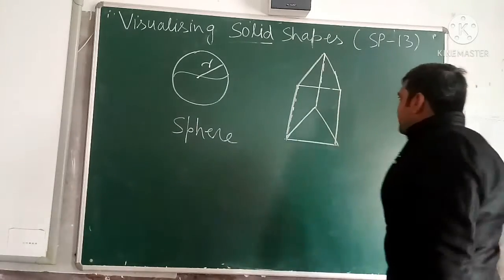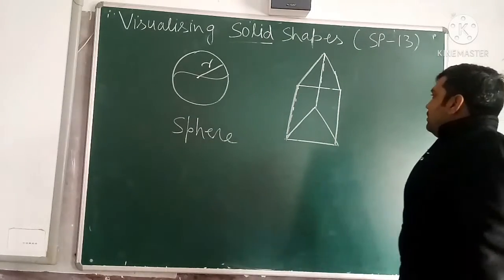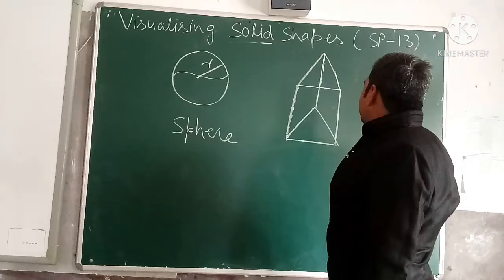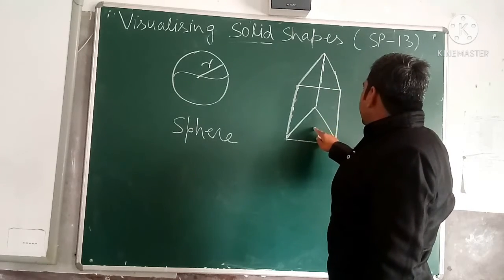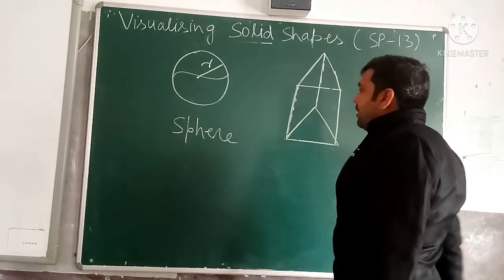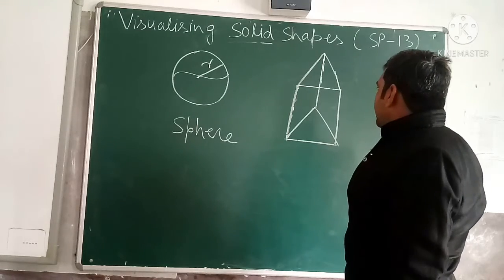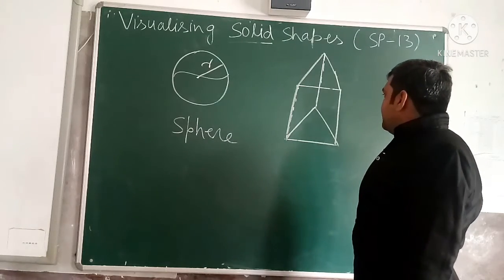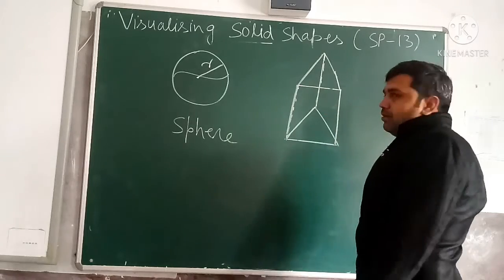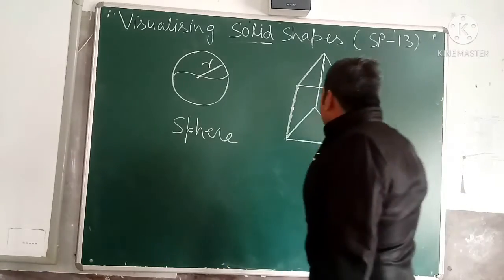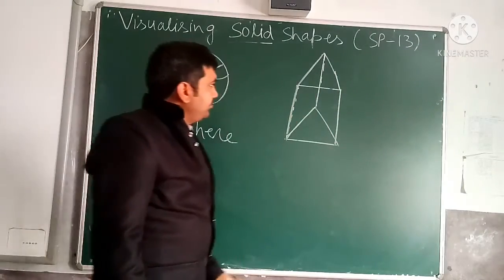So in the prism you will find two triangular surfaces at top and bottom, and three parallelogram surfaces. So you will find in the prism five faces: two triangular faces and three parallelogram, quadrilateral faces.